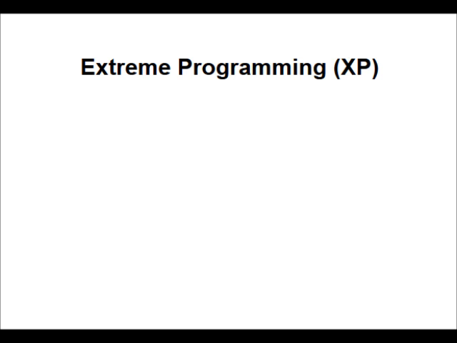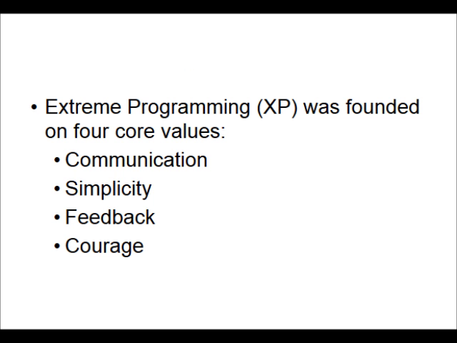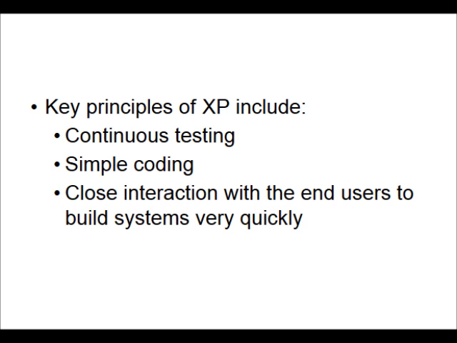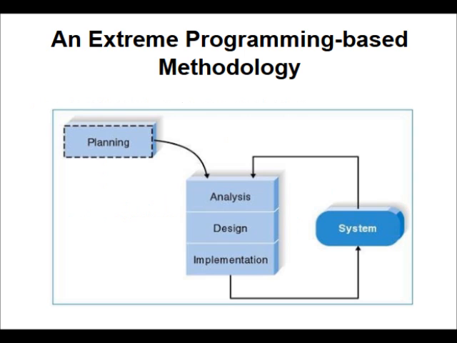Extreme programming, also called XP, was founded on four core values: communication, simplicity, feedback, and courage. The key principles of extreme programming include continuous testing, simple coding, and close interaction with end users to build systems very quickly.